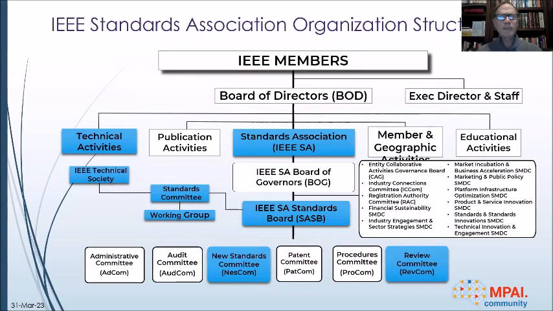Next slide. With regard to the IEEE, this is one of the largest organizations that we work with. We've had a great deal of success. It is a large organization of 400,000 members, and in it has an IEEE Standards Association that has a board of governors, as well as a standards board that provides oversight for the development of standards.